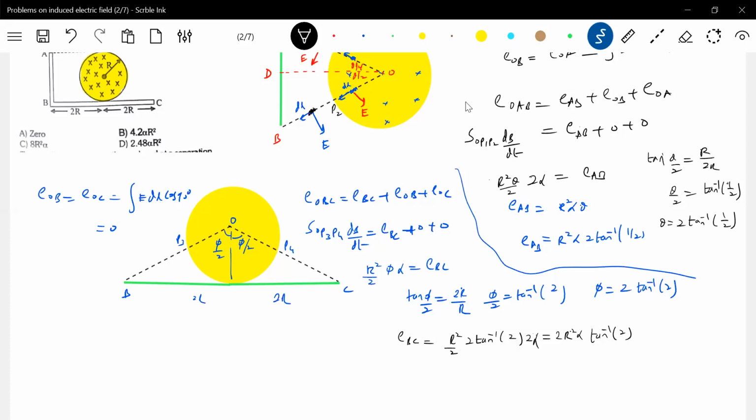So what about the EMF induced? So pi r square alpha we will get. Pi r square alpha total. Yes, sir. Okay, this one. EAB plus EBC should be equal to, that is what EAC. I'll write it. I don't have place here.